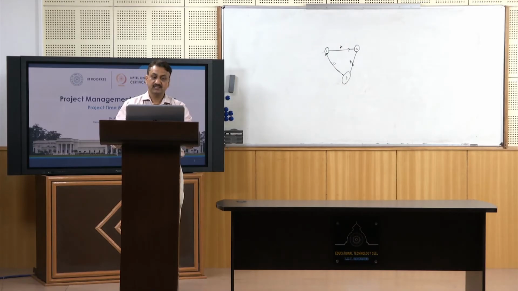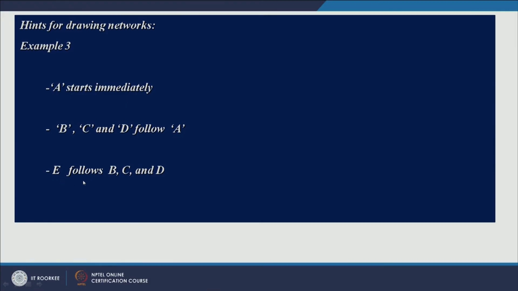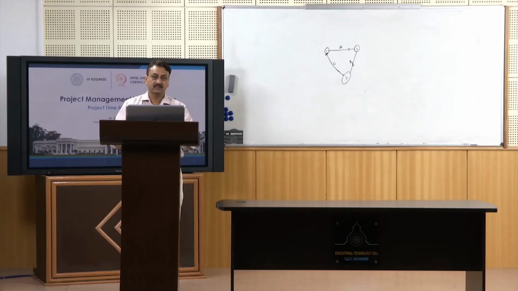So, B, C and D follow A. E follows B, C and D. So, just draw this network. I hope that you would have drawn a network for this example. Let us compare your answer with my answer.